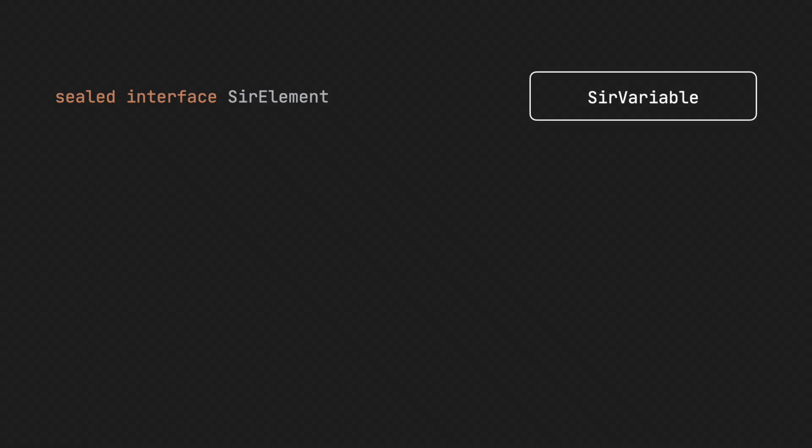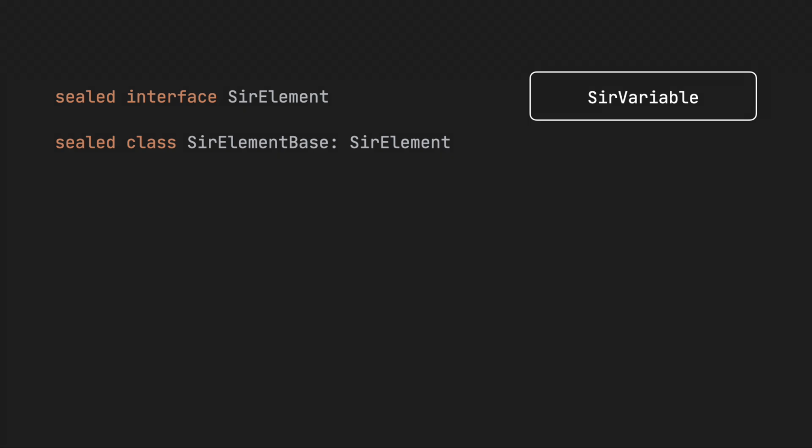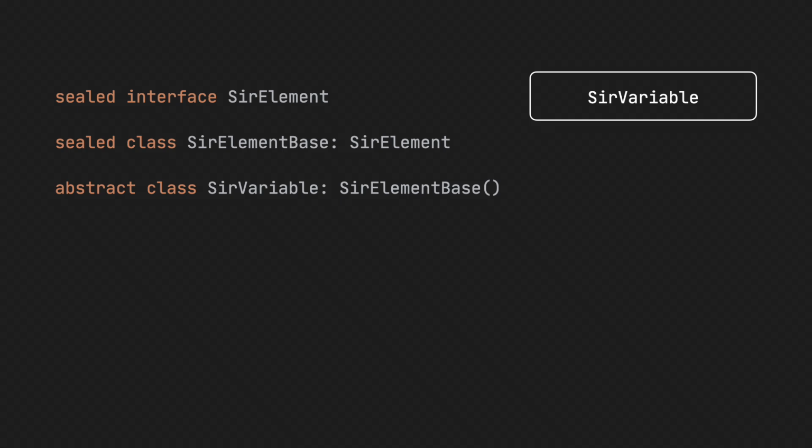All elements, whether it's a class or function, inherit a root sealed interface, which is an SIR element. Then you'll see there's a hierarchy which goes down from the top to the bottom. As you can see, I have an element base type right here, and then I have my SIR variable type inheriting that. All element types follow this hierarchy in an SIR tree.